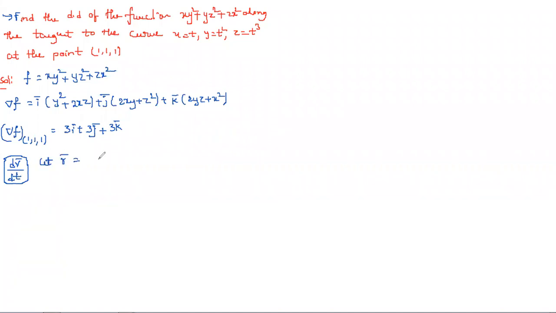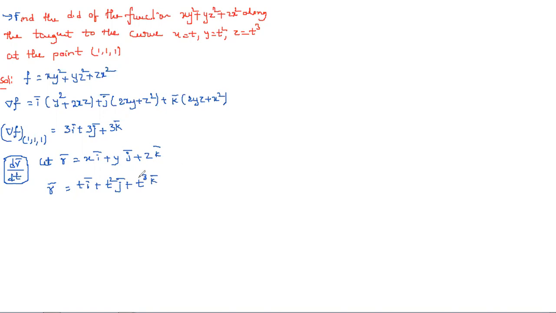We take the position vector, that is xi plus yj plus zk. Now what we require, r bar, is nothing but, since they already give x as t, ti plus t square j plus t cube k.